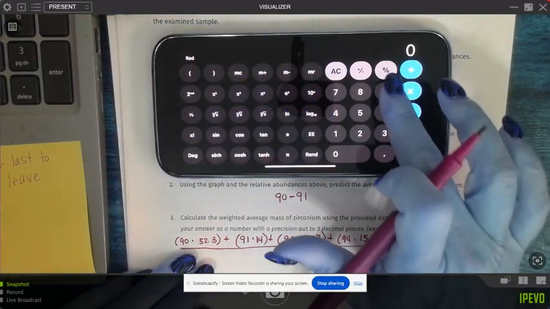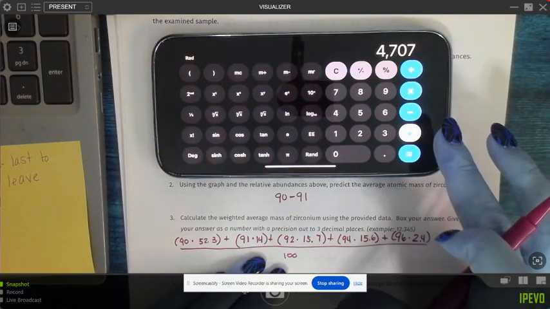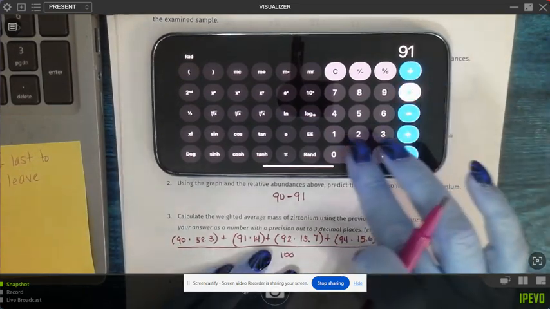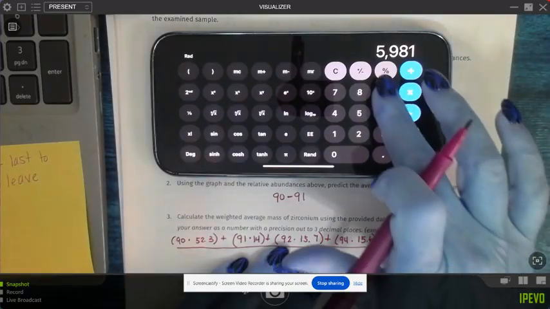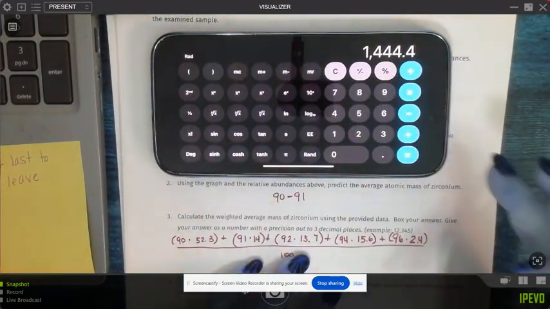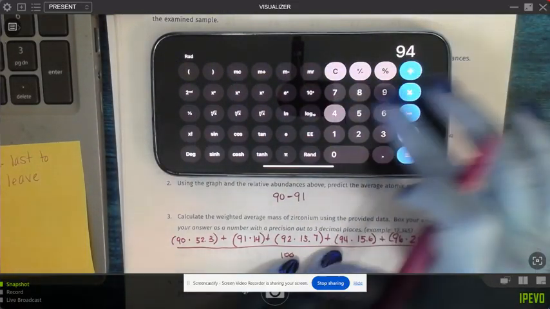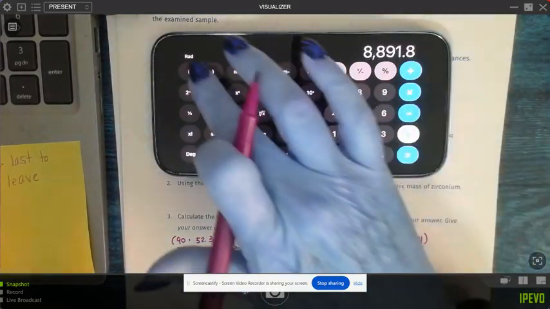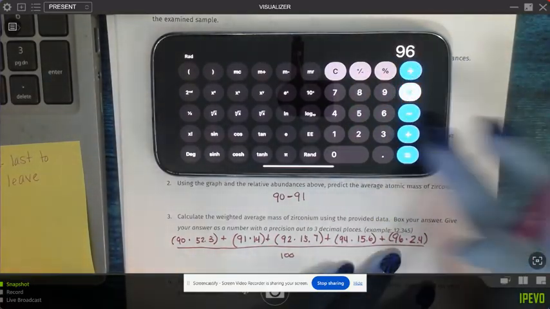I'm going to do 90 times 52.3 plus 91 times 14 plus 92 times 15.7 plus 94 times 15.6 plus, finally, 96 times 2.4.